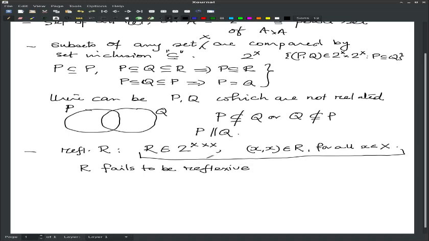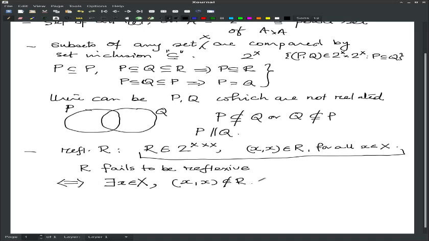That is the same thing as saying that there exists an x in the set on which the relation is defined, such that the pair (x, x) doesn't belong to R. Right? Clear? Yes.